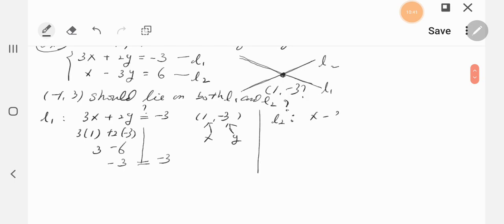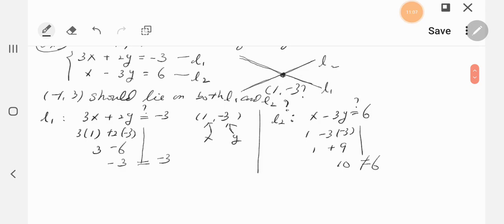Line 2 is x minus 3y is equal to 6. And x is 1, y is negative 3. So let's check whether this is correct. 1 plus 9 is equal to 10. So this is not equal to 6.